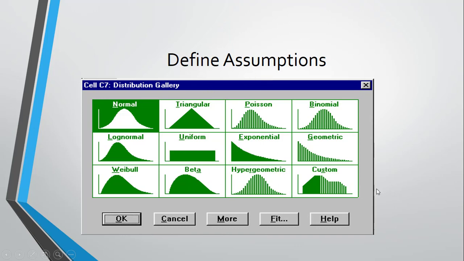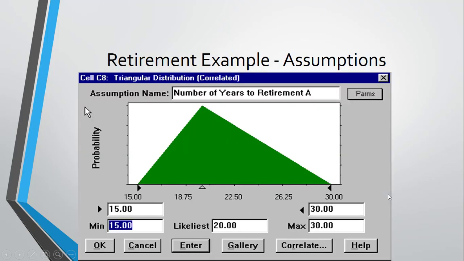You can define that in the system. And also, as to the number of years to retire, you could take 30 years. You could be retiring in 15 years. That could have a triangular distribution, for example, the number of years to retirement.